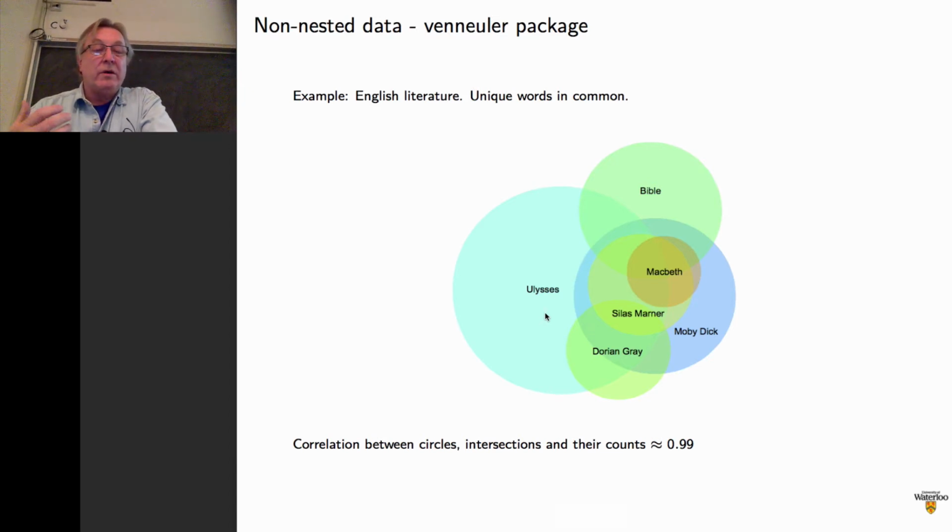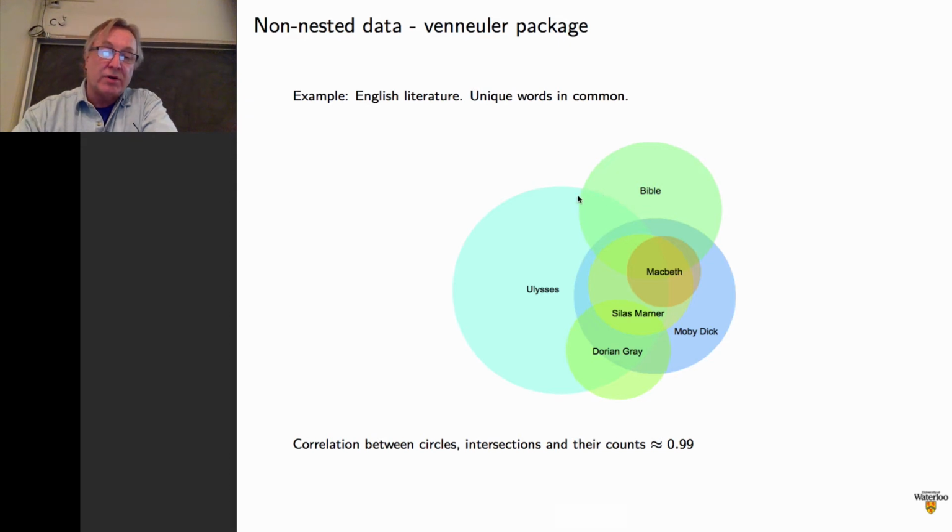Now, you can imagine statistically how you'd be assessing the fit here. The fit would be such that we look at every area that appears here visually and compare that to the count. And you can regress one on the other, right? Or you can see how correlated those two are. I've got the counts, how many words there are in each one of these intersections.